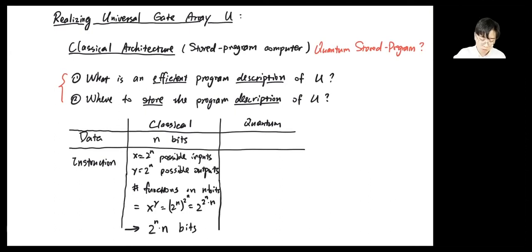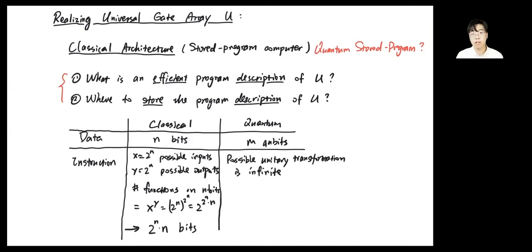So what about the quantum case? Well, if you have n qubits, then the number of possible unitary transformations is in fact infinite.